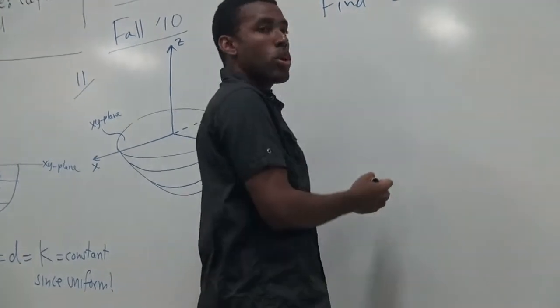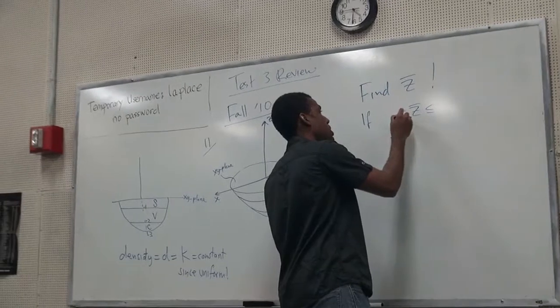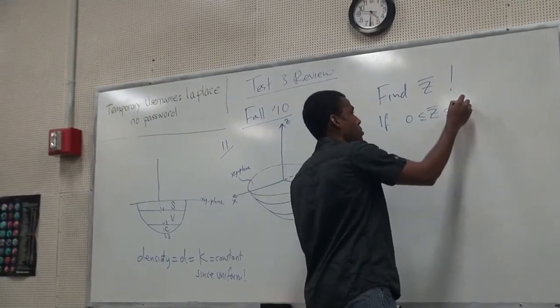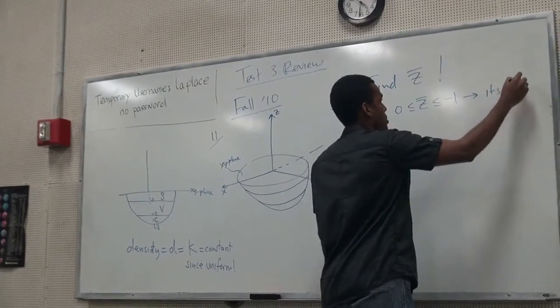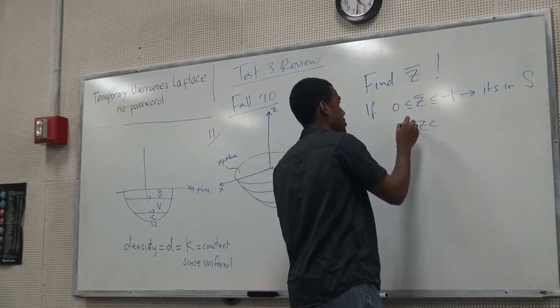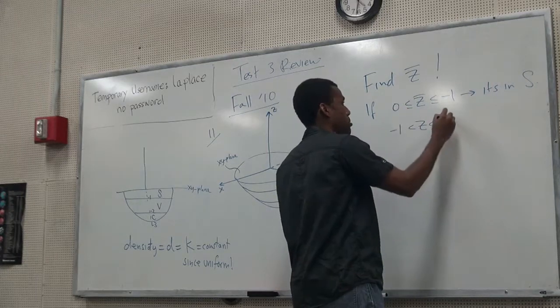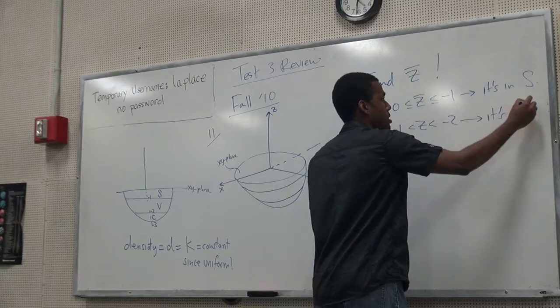Find z bar is what you want to do. If your answer for z bar is between 0 and -1, then it's in the strawberry. If z is between -1 and -2, then it's in the vanilla.